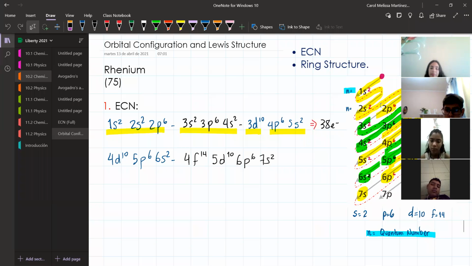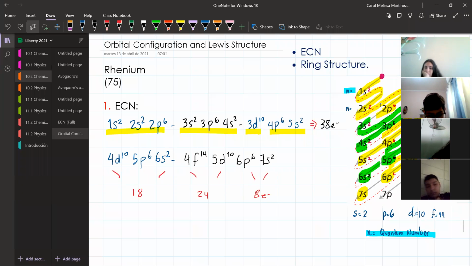How many electrons are here? I have 18 electrons. Okay. Here I have 24 electrons, and here I have 8 electrons. So let's count until we get the 75. I have 38 plus 18. How much is that? 56.